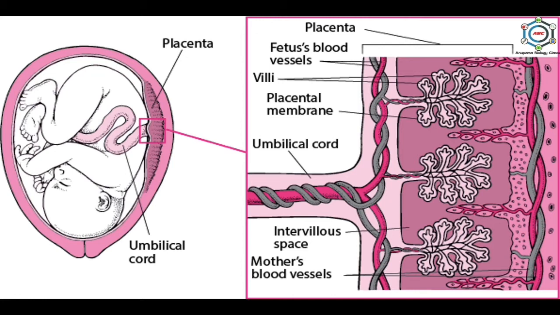The first is the fetal placenta, and the next is the maternal placenta. The cells forming the walls of the chorionic villi bear microvilli which increase their surface area for the adequate exchange of materials by diffusion, active transport and pinocytosis. So this is the attachment of the fetal placenta to the maternal placenta.